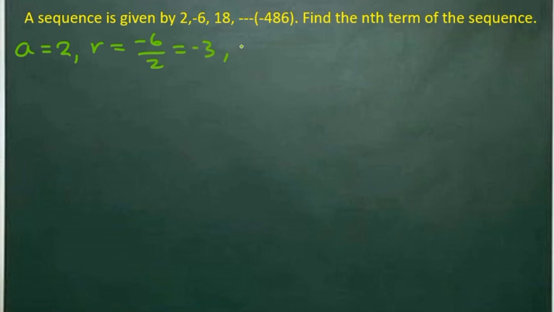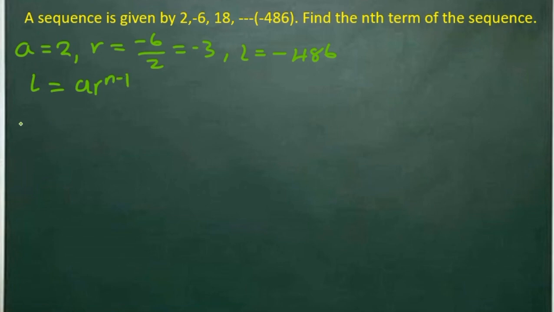And the last term L is given to be minus 486. Now, we know that the last term L is given by the expression a r to the exponent of n minus 1.